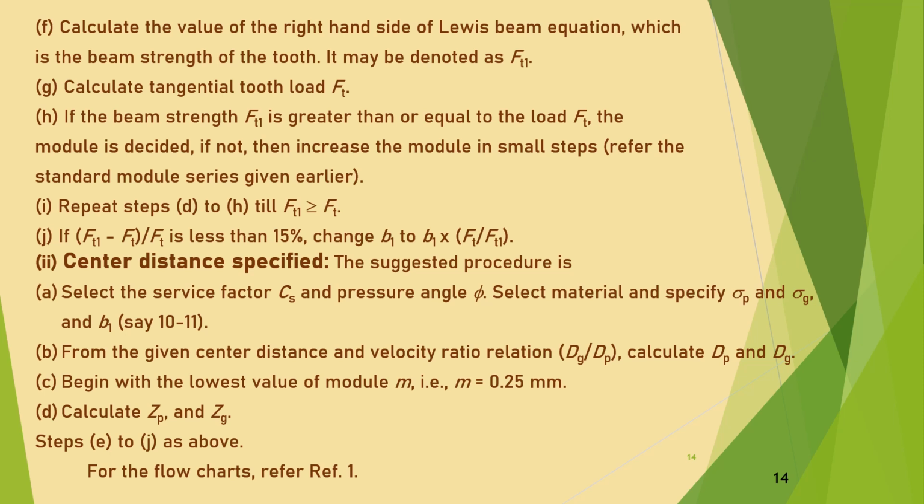From the given center distance and velocity ratio relation dg divided by dp, calculate dp and dg. Begin with the lowest value of module m, say 0.25 mm. Calculate zp and zg. Steps E to J are as above. For the flow charts, refer to reference 1.